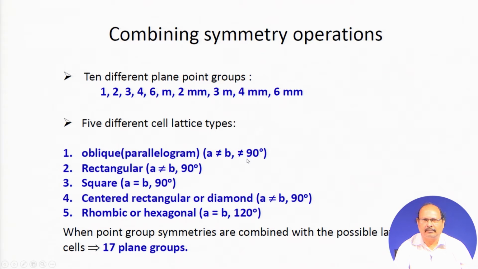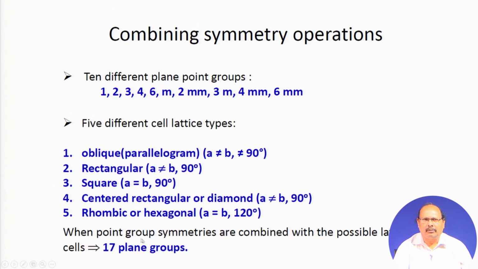The second type of plane lattice is called rectangular plane lattice, where A is not equal to B and the angle between A and B is 90 degree. The third type of plane lattice is called square type of plane lattice, where A is equal to B and the angle between A and B is 90 degree.